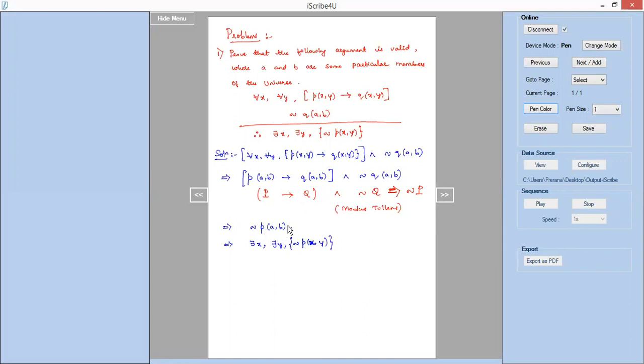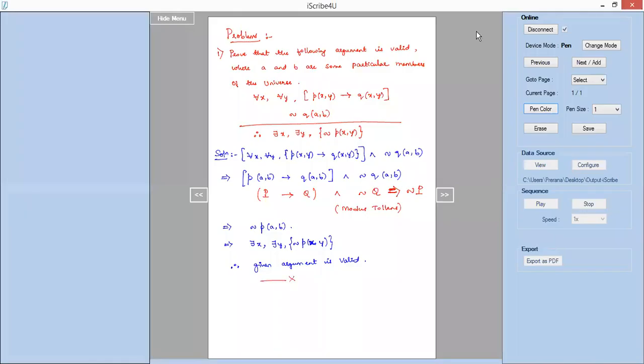That's because we are arriving at negation of p(a, b), where a and b are some arbitrary members of the universe. So it might be for some x, for some y, satisfying negation p(x, y). Therefore we conclude the given argument is valid, because we have arrived at the given conclusion. So this was the first question for you.